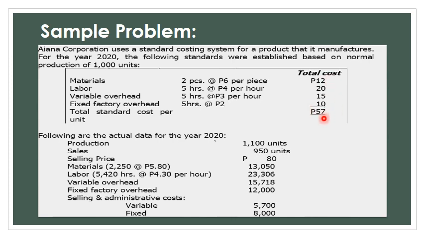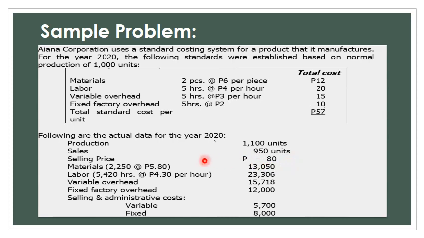So 57 pesos. And the following are the actual data for the year 2020. Ang production niya is 1,100 units. Mas madami siyang na-produce compared dun sa kanyang normal capacity. Ibig sabihin, favorable yung mako-compute nating volume or capacity variance. Okay? And sales, 950 units. Selling price is 80 per unit.